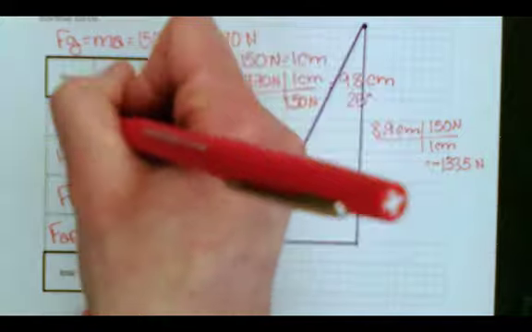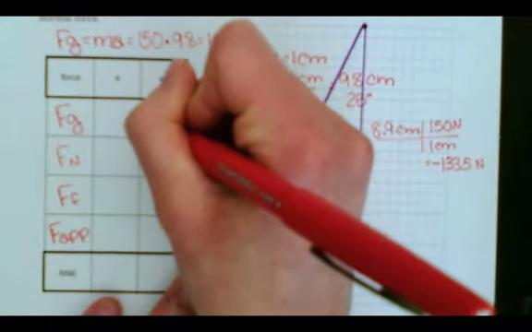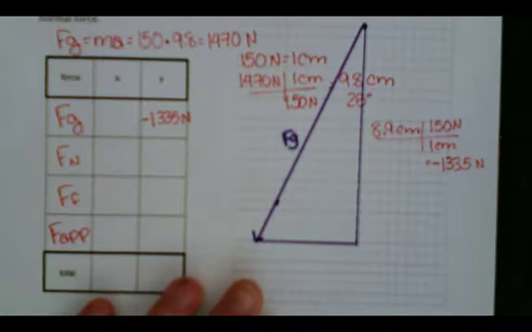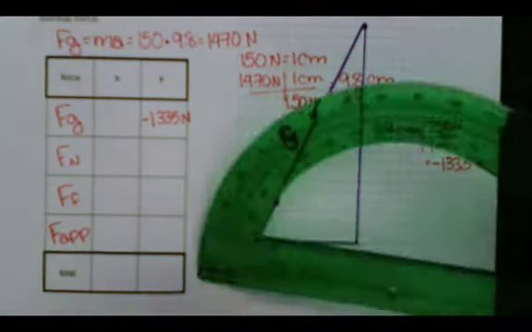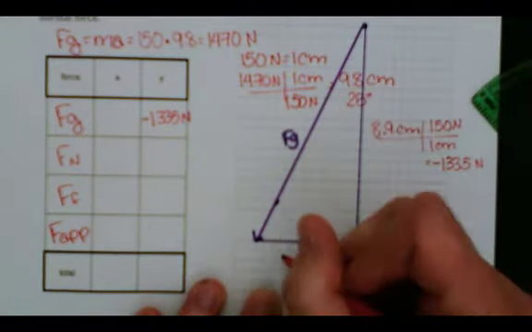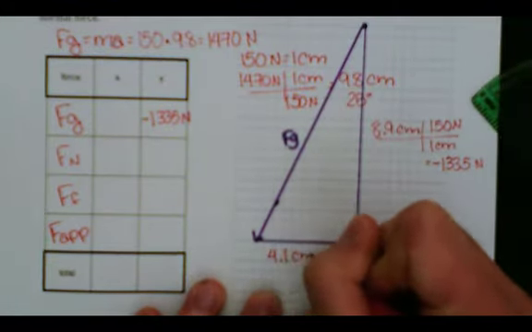The vertical component of my gravitational vector is negative 1,335 newtons. Let's measure our horizontal component. The horizontal component measures 4.1 centimeters.